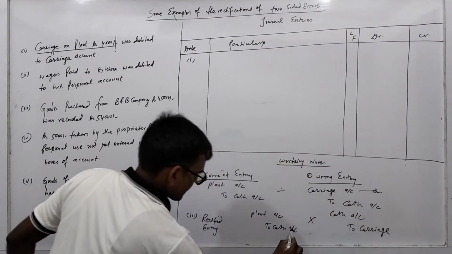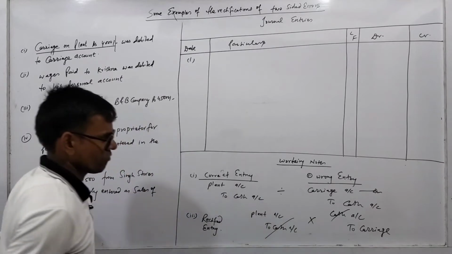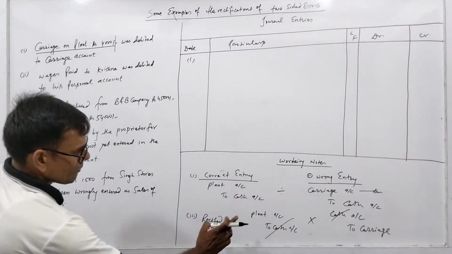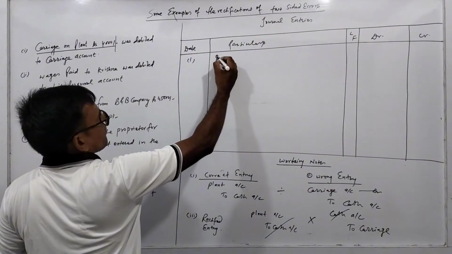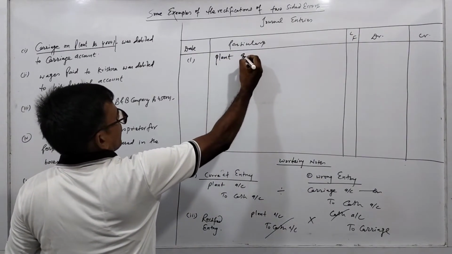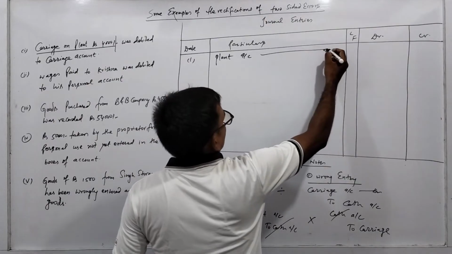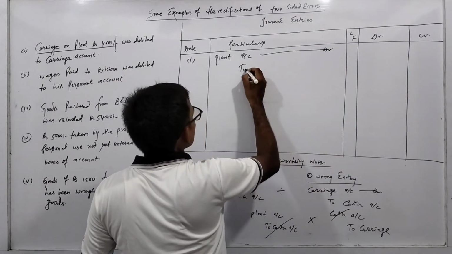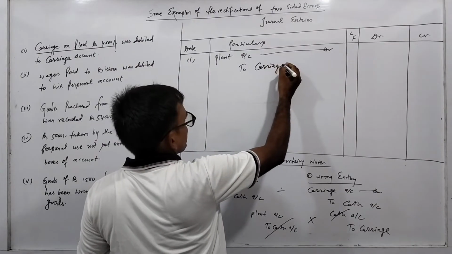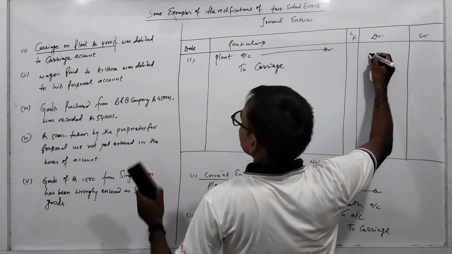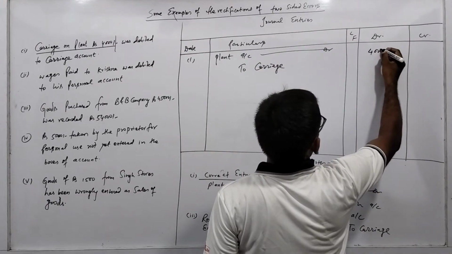You see that cash cancels, and what will be remaining? Plant account DR to carriage account. That you have to write here: plant account DR to carriage account. Okay, amount is the same, 4,000.